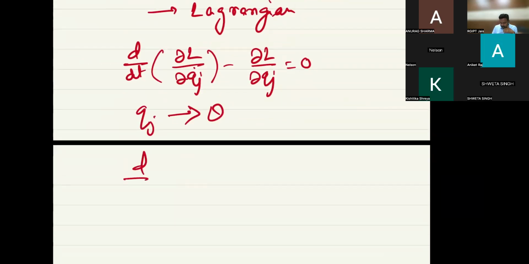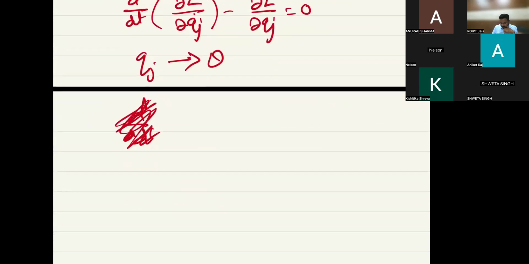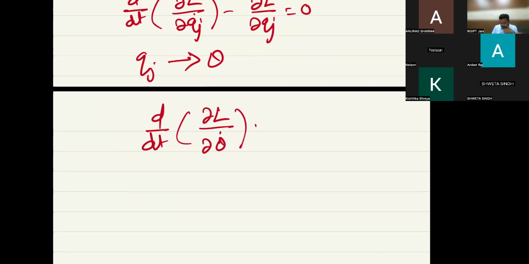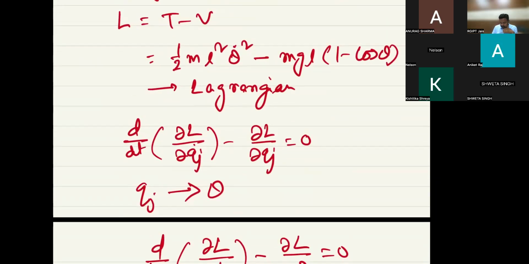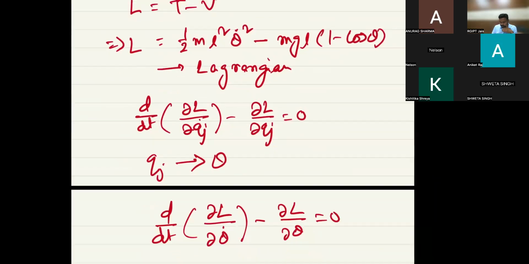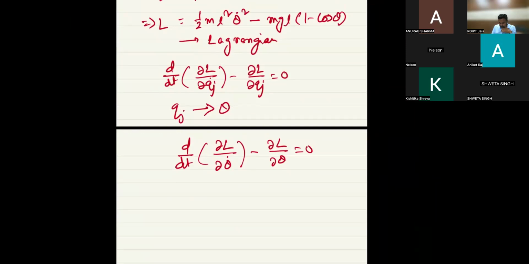So the equation would be d/dt of (del L/del theta dot) minus del L/del theta equal to 0. So what will be the value of del L/del theta dot from this expression? We know the expression for L. So what will be the derivative del L/del theta dot?